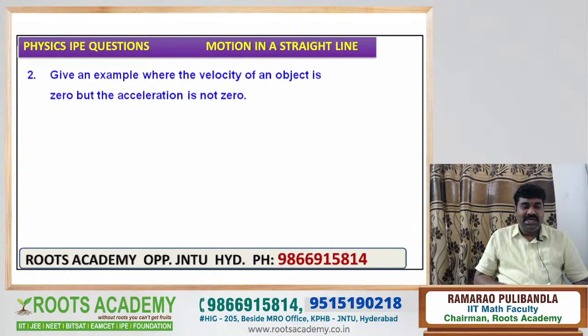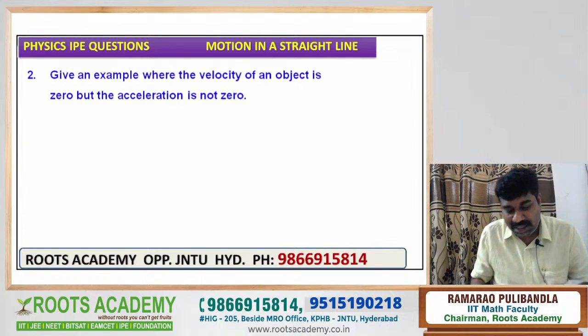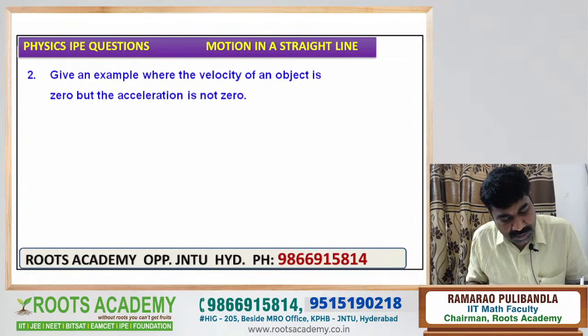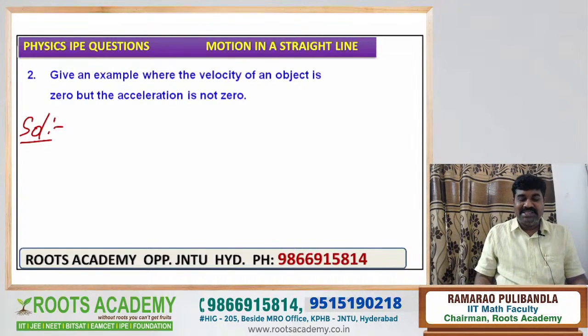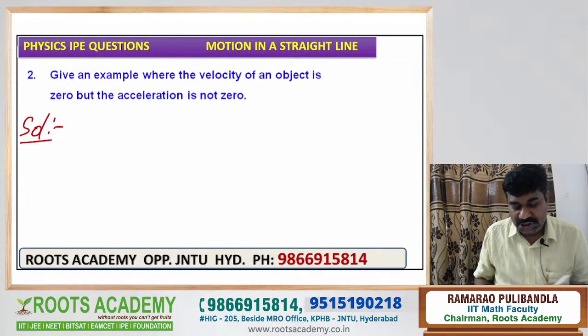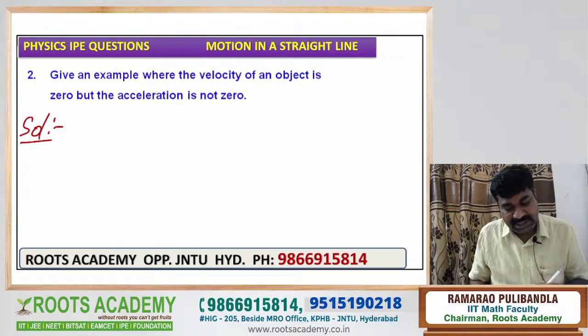Give an example where the velocity of the object is 0, but the acceleration is not.